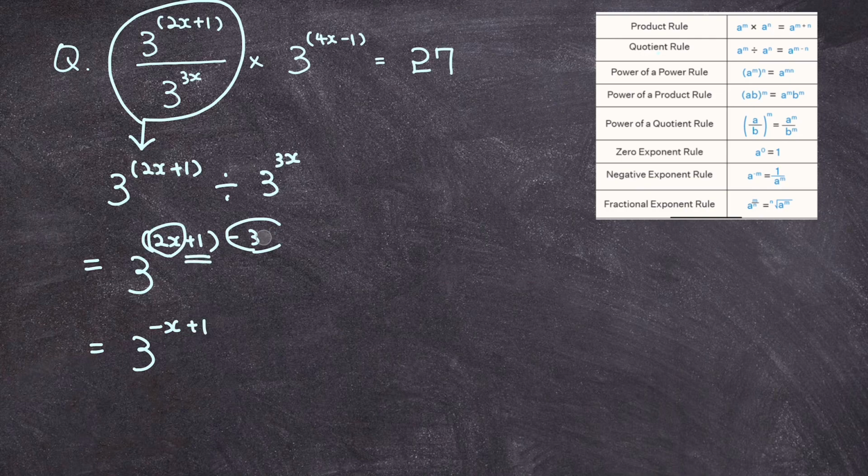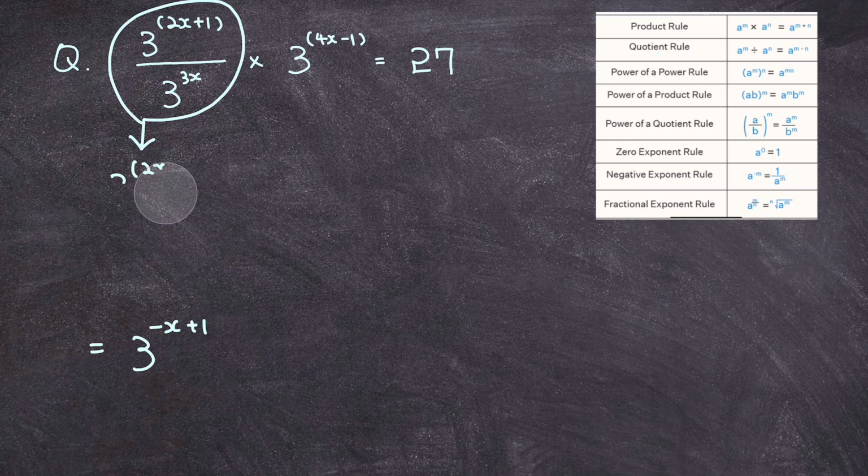So I can replace this first fraction with 3 raised to the power of negative x plus 1. Now, the second step of this problem will be multiplying this 3 raised to the power of 4x minus 1 to this first number. So let's go ahead and multiply that number.